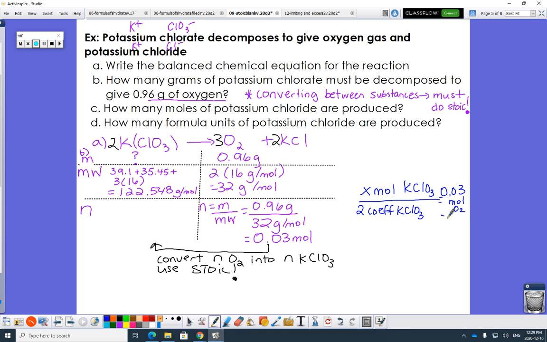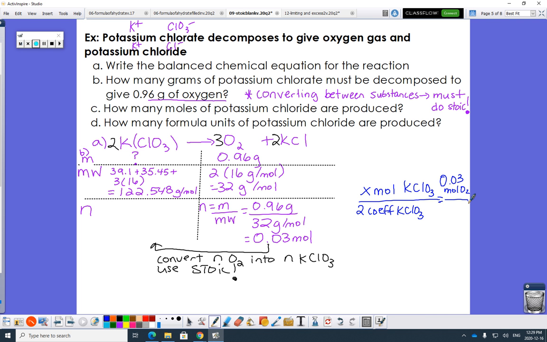Sorry, I have to squish. That's a terrible fraction. Mole, what goes in the bottom?